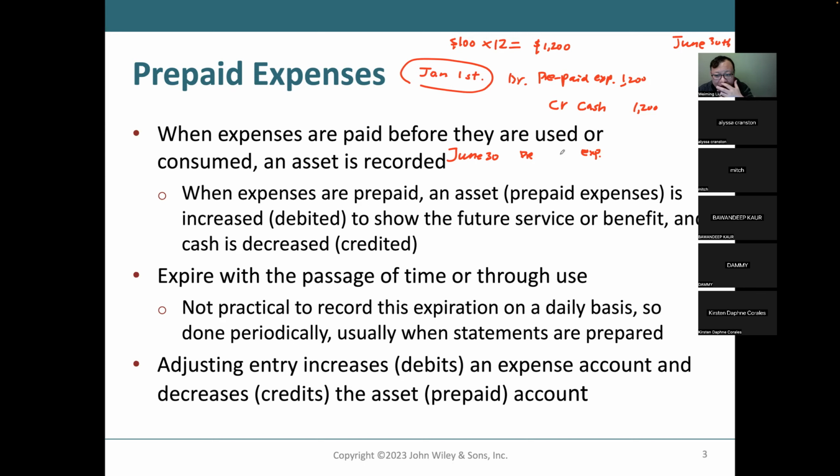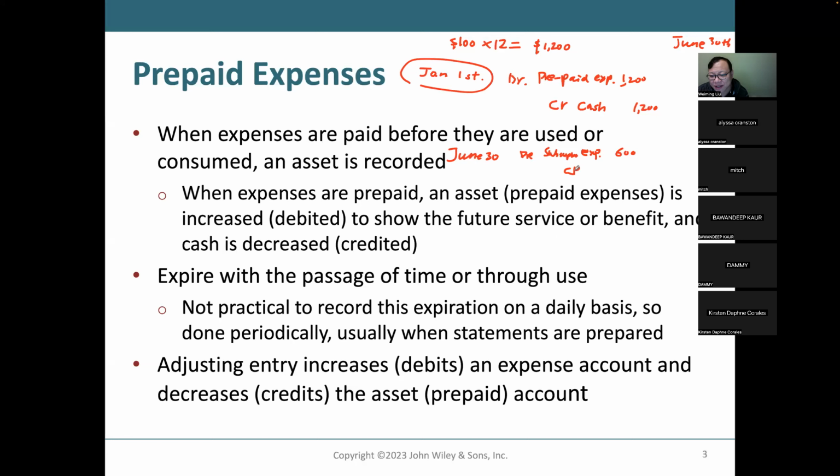Once you consumed this, you have to recognize it as expenses. Debit subscription expenses for how much? 600. Thank you. So then what do you credit?